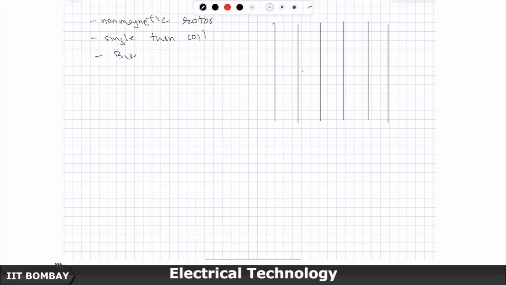So, I have placed this, this is the direction of my B vector. Let me make it a bit longer so that I can draw a circle easier.